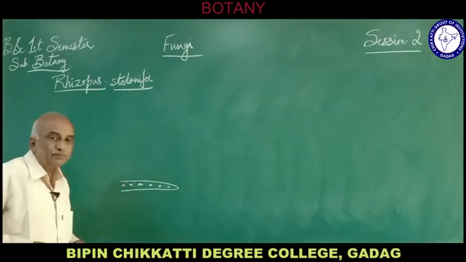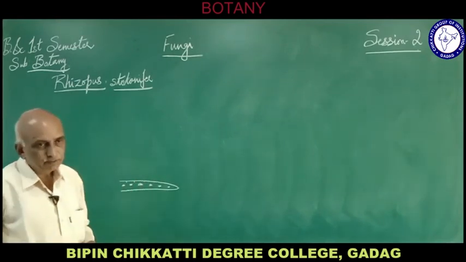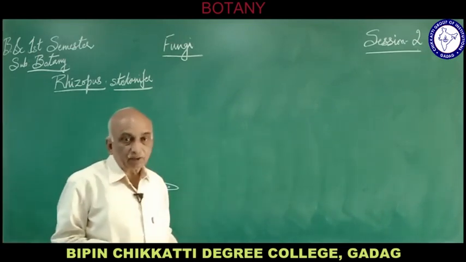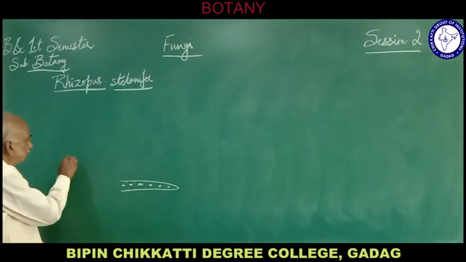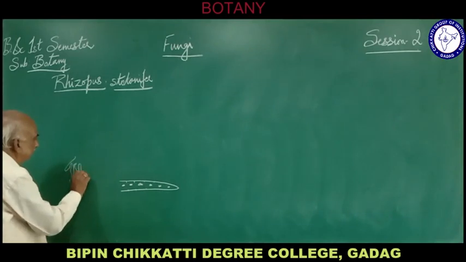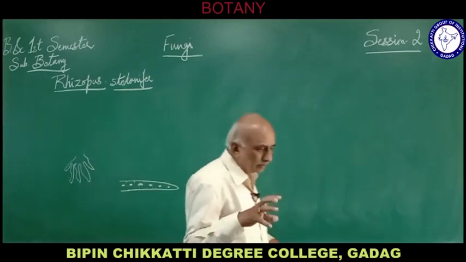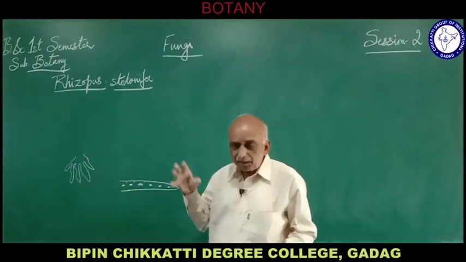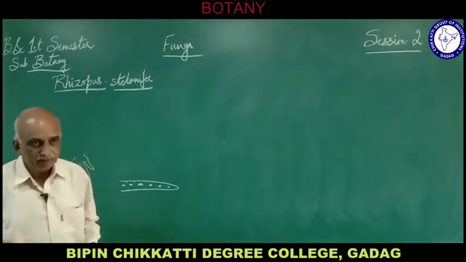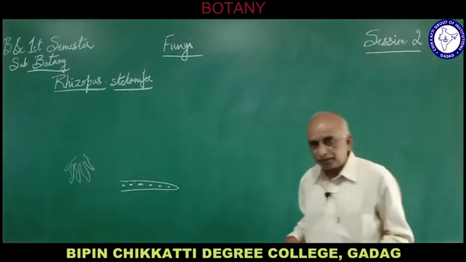Now in the body of Rhizopus, there are three kinds of hyphae which we can differentiate. Structurally all the hyphae are the same, but based on their occurrence, we find three types. There is a certain hypha which branches like this, and we call it the holdfast. It has a kind of grasp, a grip on the substratum on which it is growing, whether it may be a fruit, vegetable, or some food material.